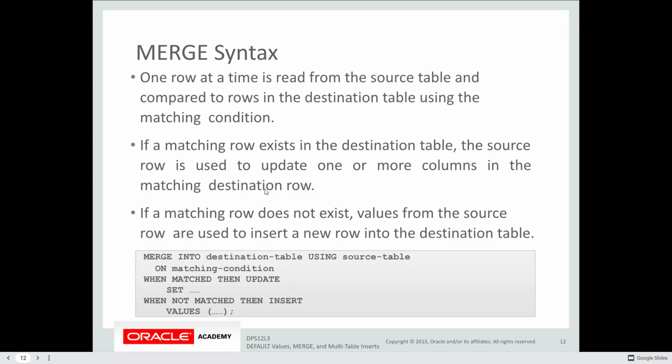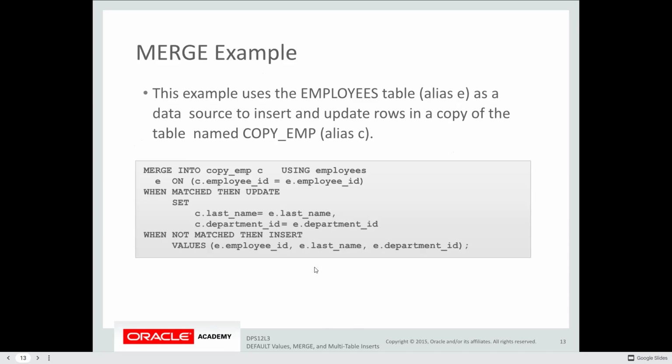All right, let's look at an actual example. If you look at this example, an employees table, which is this E, merge into this copy table using employees. So the syntax is merge using an employee ID equal, that's our condition. Employee ID from our copy table is the same as employee ID of our employees table.